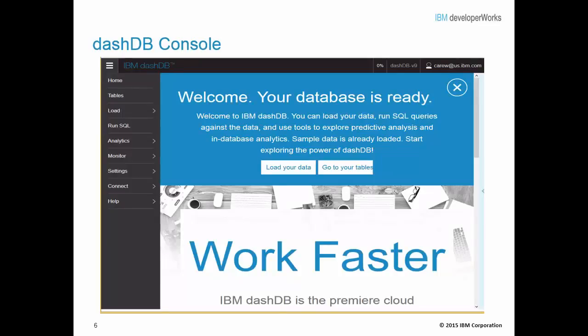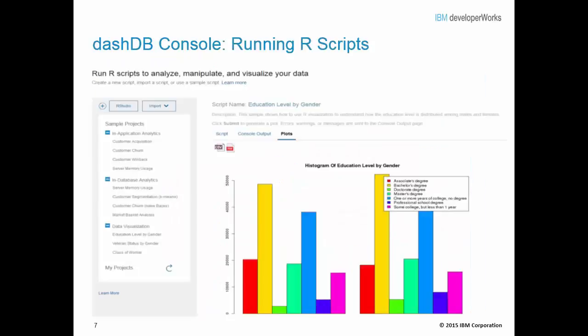This is what the console looks like when you bring it up initially. All the capabilities are off to the left. And here we're looking at a screenshot of the R environment. So this is how you would run R scripts. As you can see, it provides the ability to do plots as well.